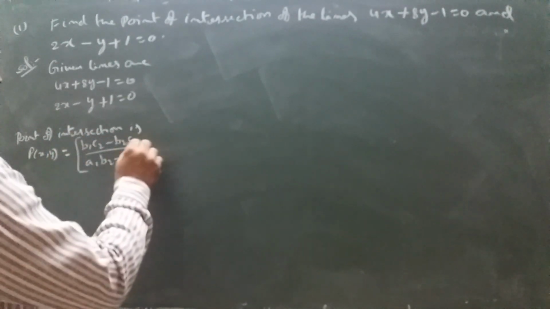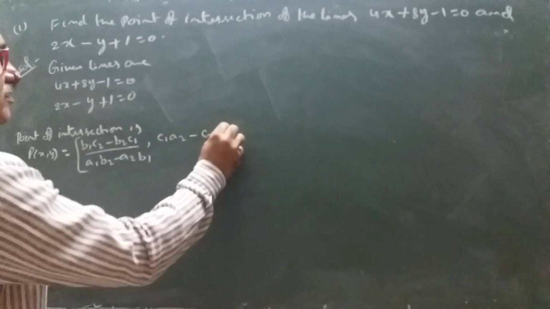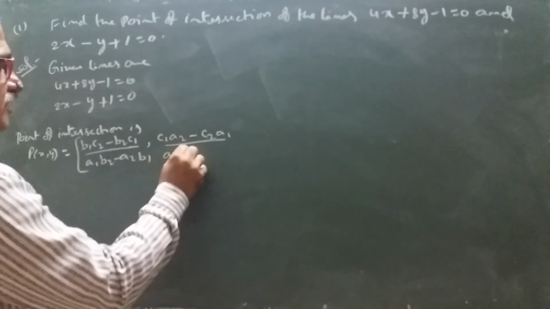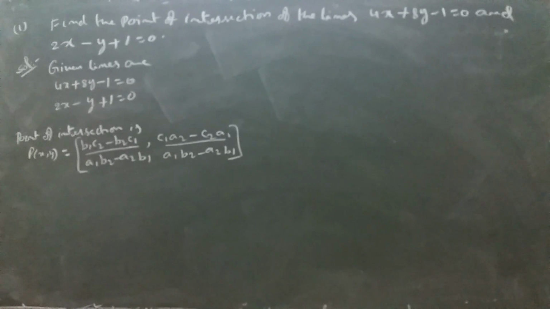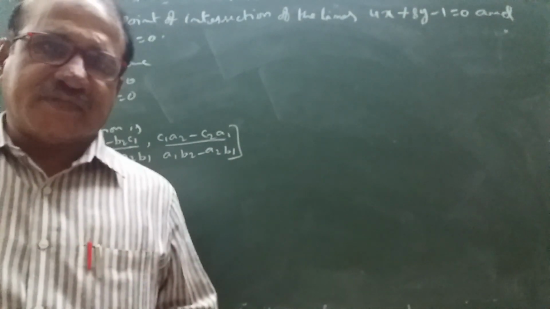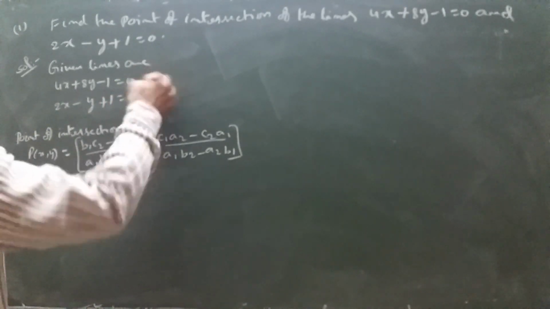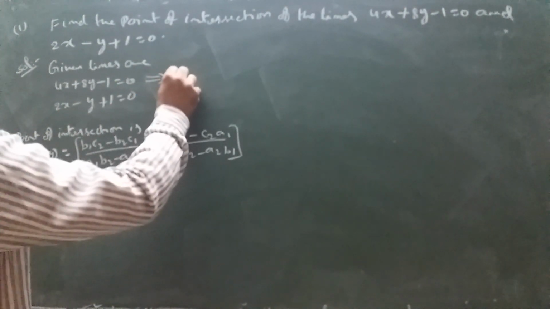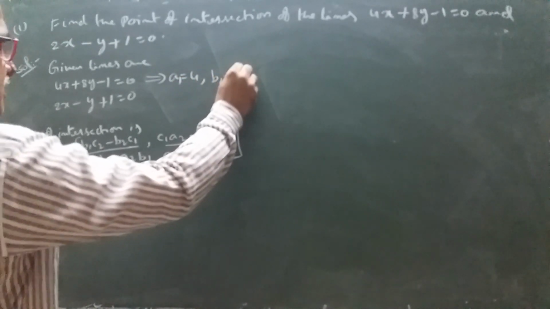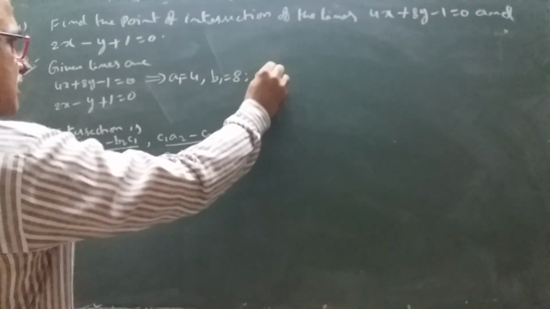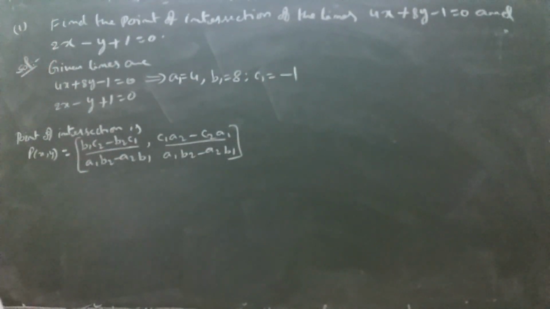This is the x coordinate, and (C1 A2 minus C2 A1) by (A1 B2 minus A2 B1). So we have to know A1 B1 C1 and A2 B2 C2. From the first equation we can write A1 is the x coefficient, that is 4, B1 is the y coefficient, that is 8, and C1 is the constant of the first equation, that is minus 1.